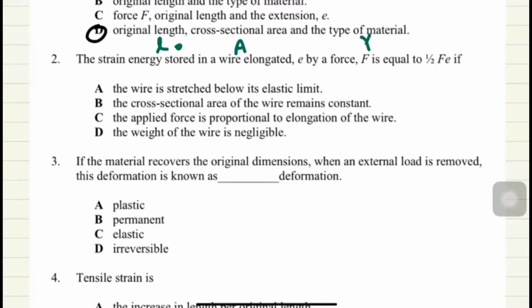The weight of the wire is negligible. Okay, let's look one by one. The wire is stretched below its elastic limit. So it's correct. The cross-sectional area of the wire remains constant. So it's correct as well.